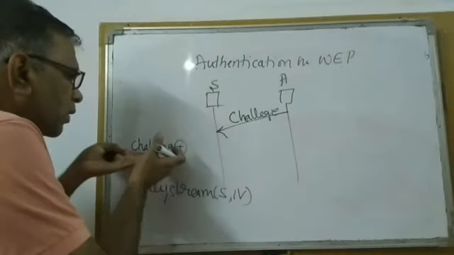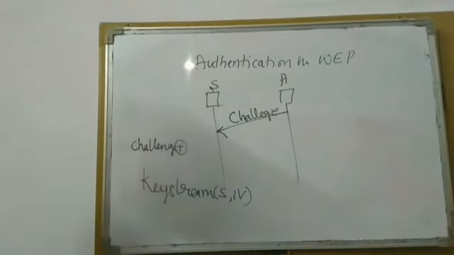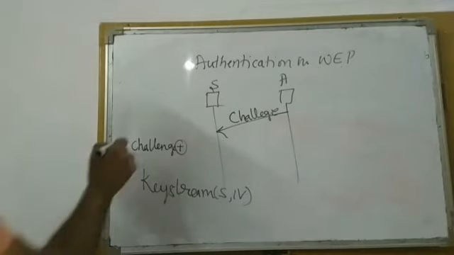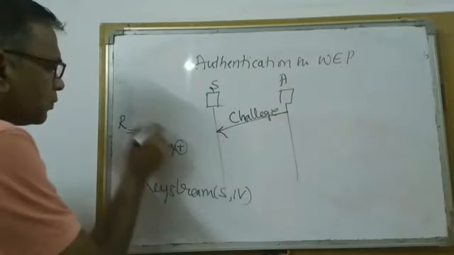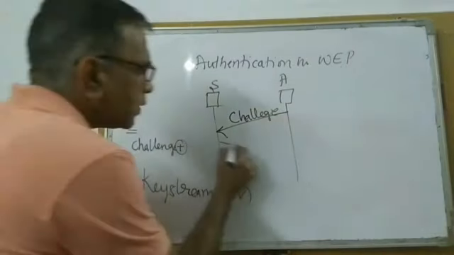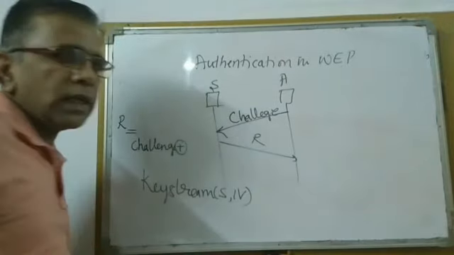The outcome of this is XORed with the challenge, and that we call the response. This response is sent back to the AP for authentication purposes.